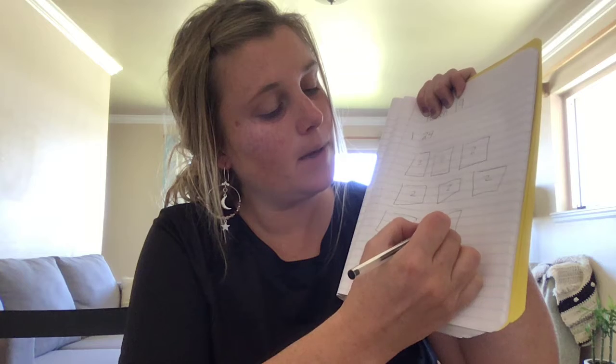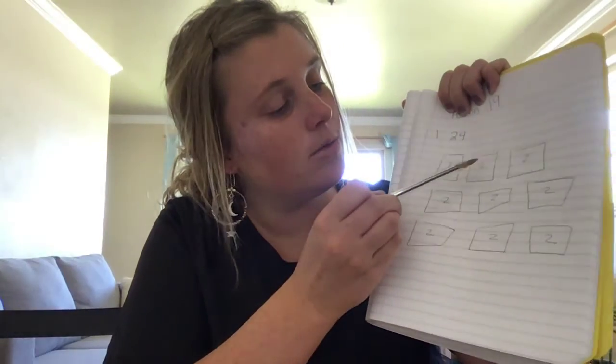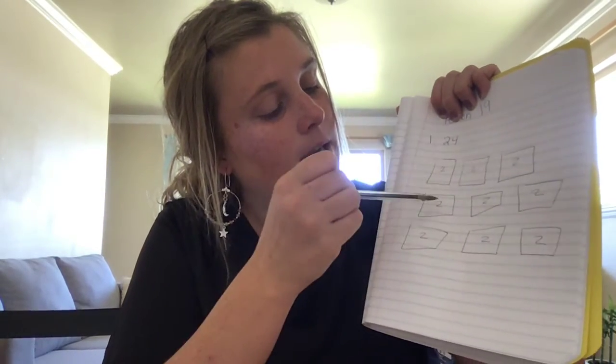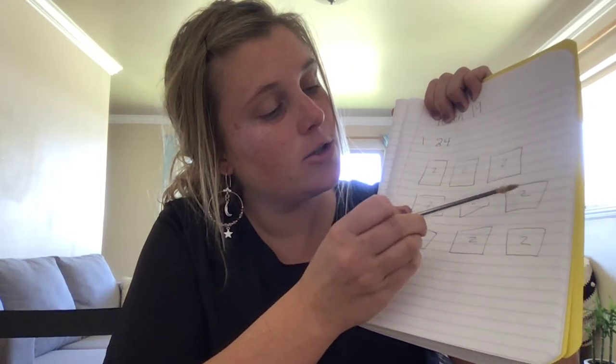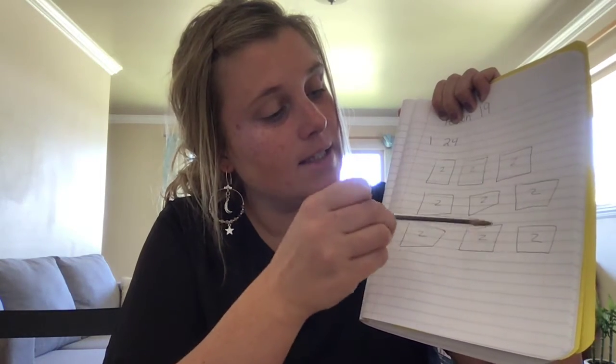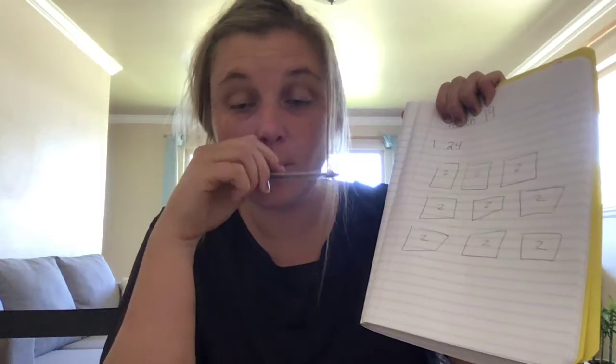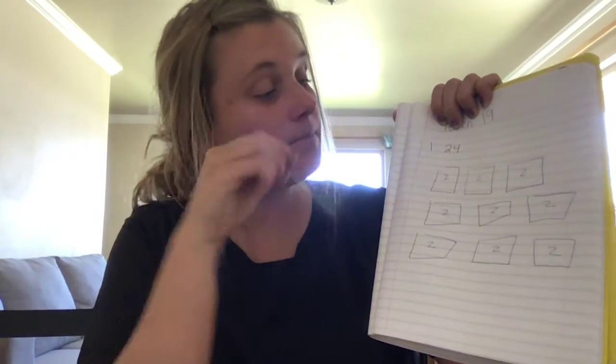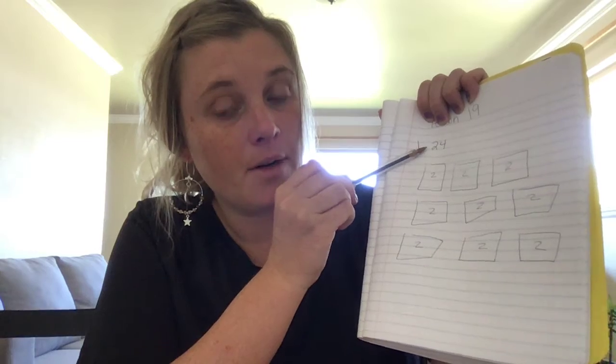Let's count by 2s. 2, 4, 6, 8, 10, 12, 14, 16, 18. So we've got 18 beds. How many were delivered? 24. So let's keep drawing.